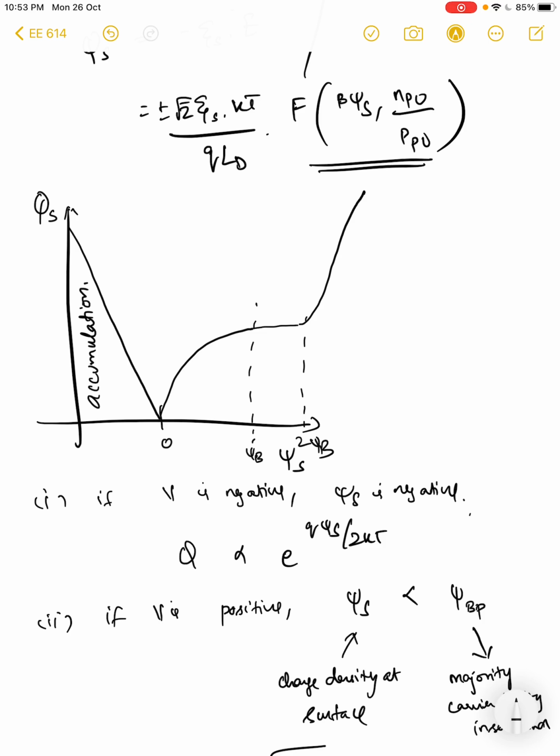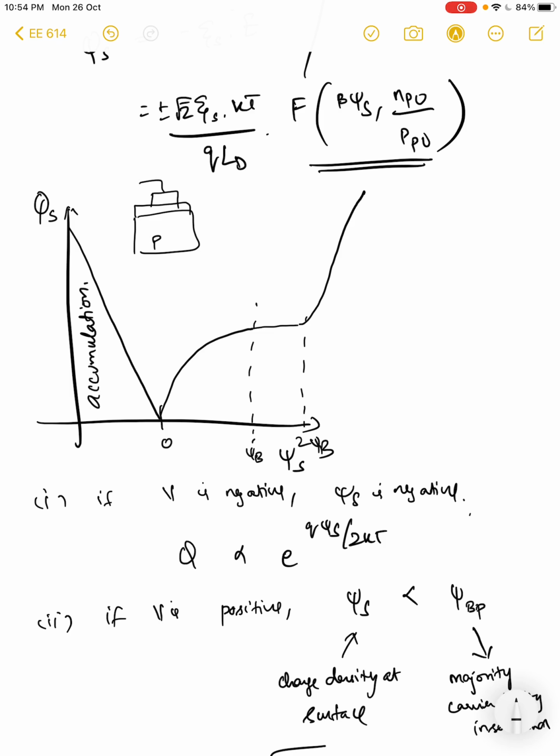I want to go a little bit slower here because it really helps us understand what exactly happens. So I want to do it in two places. One is the physical space. Let's take a metal semiconductor insulator here. This is a PMOS.